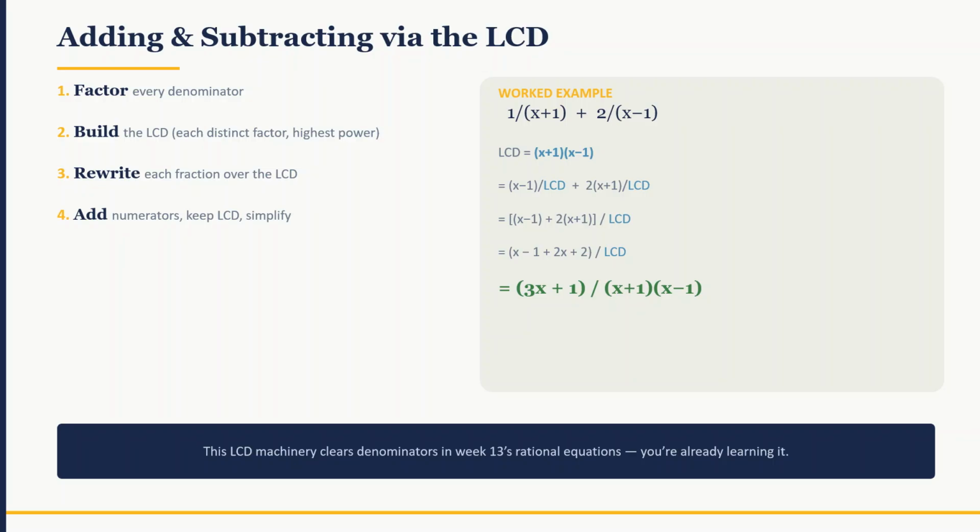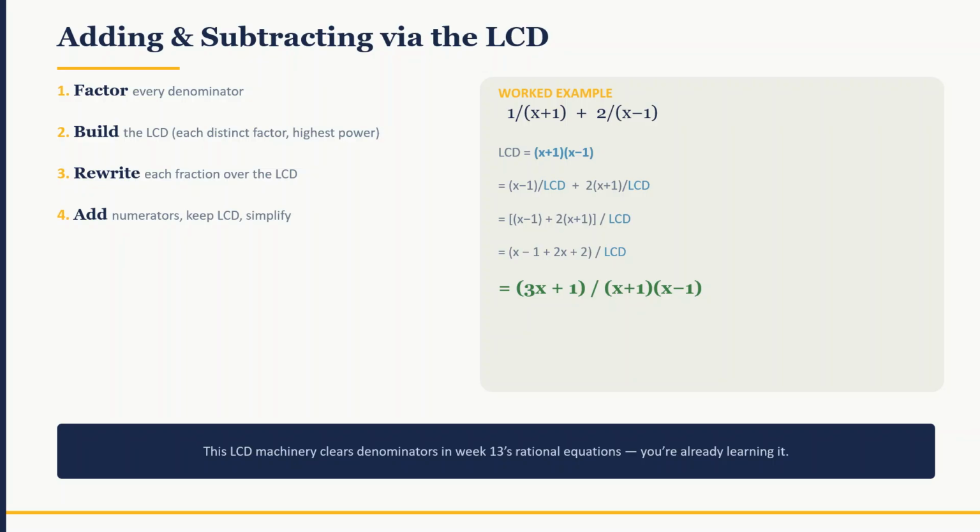If one denominator has x plus 1 and another has x plus 1 squared, the least common denominator takes x plus 1 squared. The higher power wins. If denominators contain unrelated factors, the least common denominator takes a copy of each.